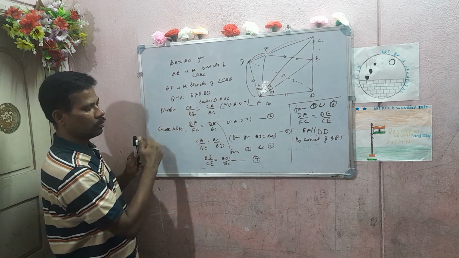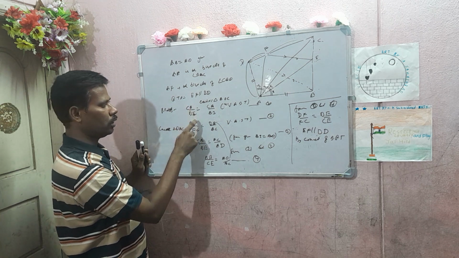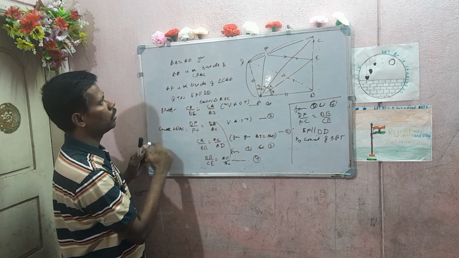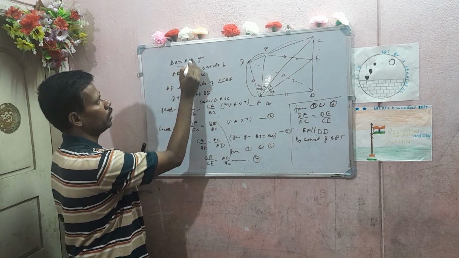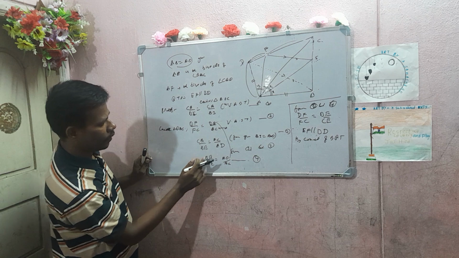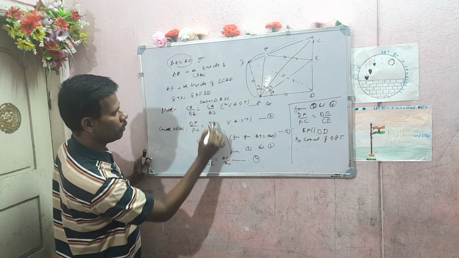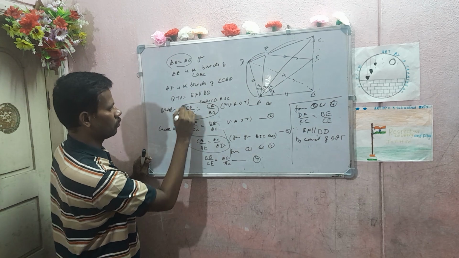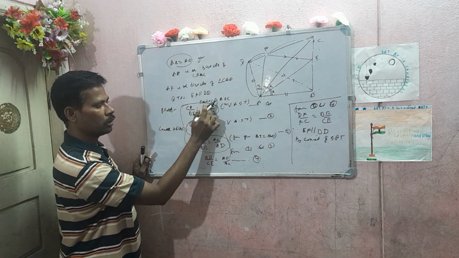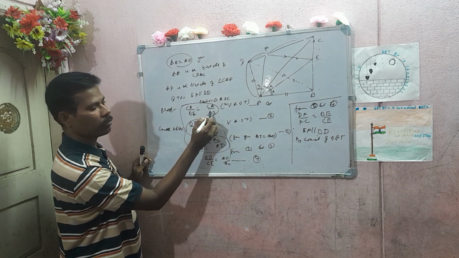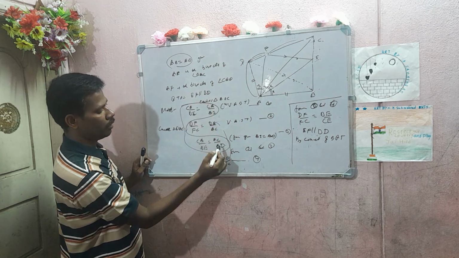Now here we take this first one. CE by BE is equal to AC by AB. AB is nothing but AD here. So CE by BE is equal to CA by AD; AD and AB are both the same. In place of AB, I have written AD.